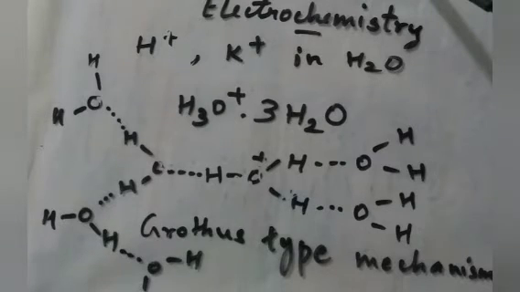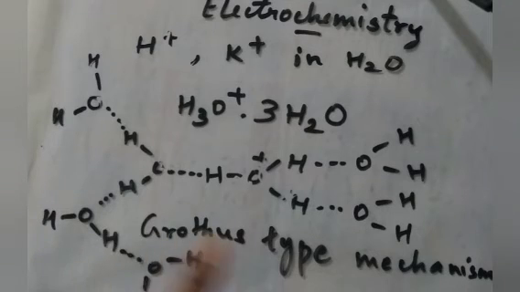It is also seen that if we compare the ionic mobility of H plus ion in water and the ionic mobility of H plus ion in ice, the ionic mobility is greater in ice than in water. Why so? Because ice is a crystalline structure, hence the molecules are oriented properly and there is an orderly arrangement.